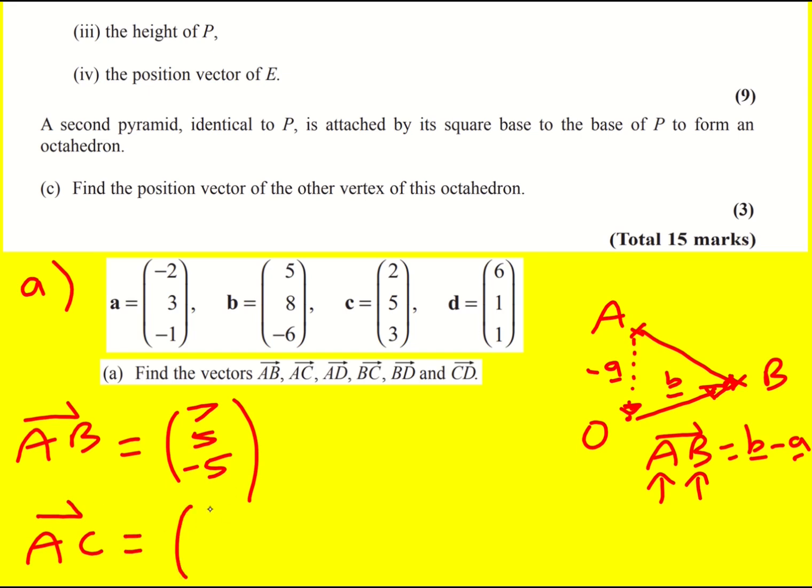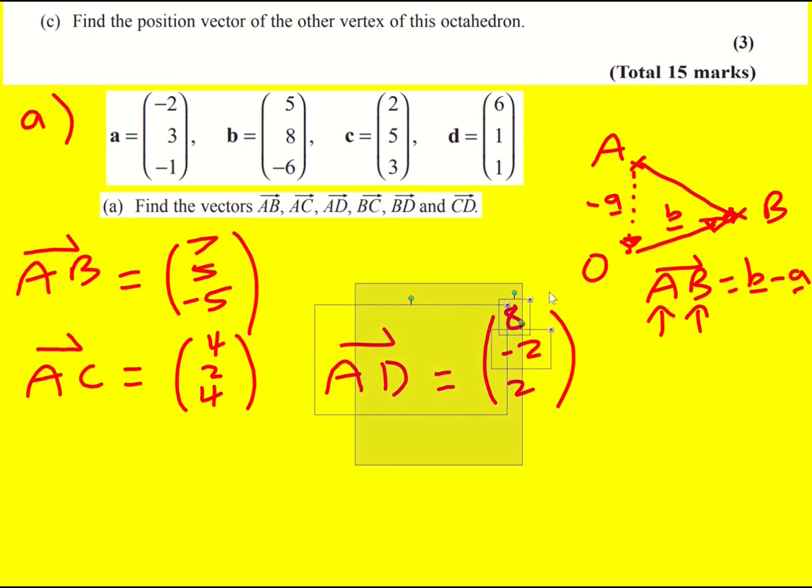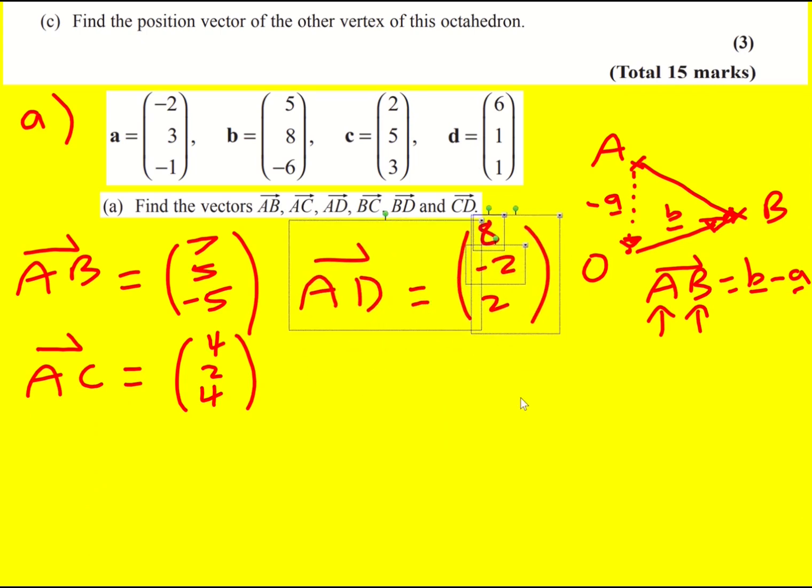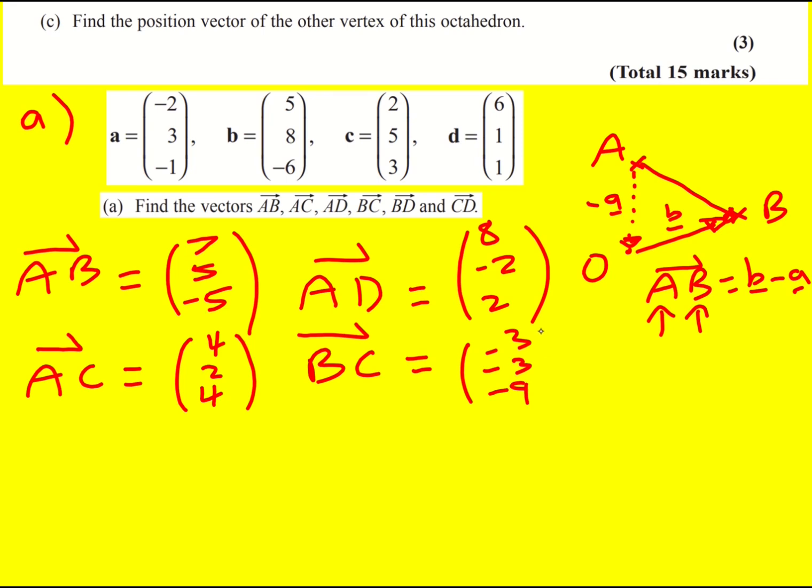It's going to be C minus A. So 4, 2, 4. AD is going to be D minus A, so it's going to be 8 minus 2, 2. BC is C minus B, so minus 3, minus 3, minus 9.